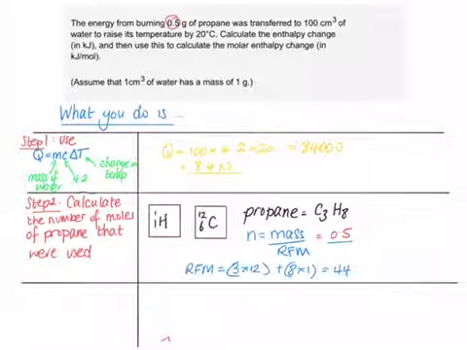So the relative formula mass of propane is 44. And we can then say that 0.5, the mass of the propane, divided by the relative formula mass, which we've worked out here, is 0.5 divided by 44, which equals 0.0114 moles.